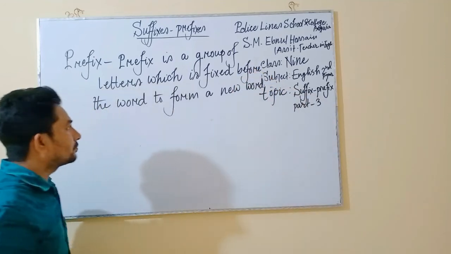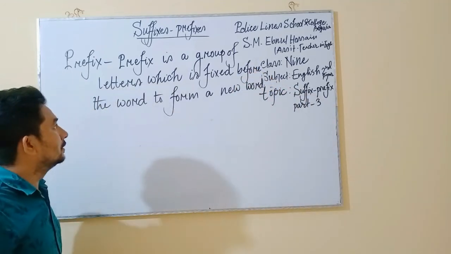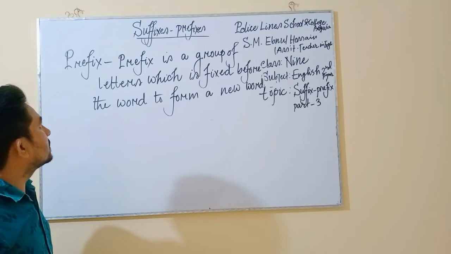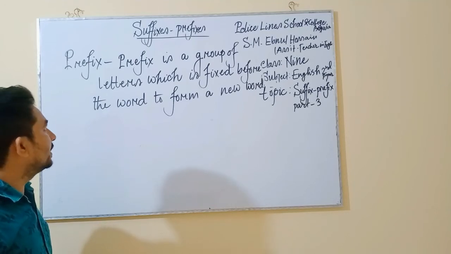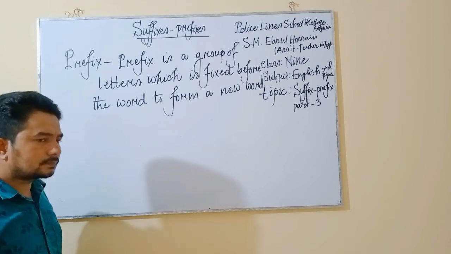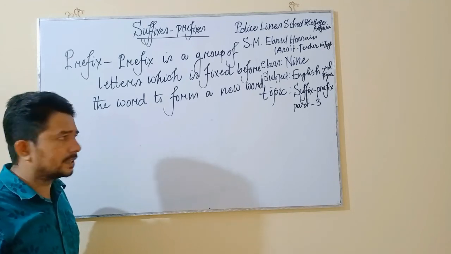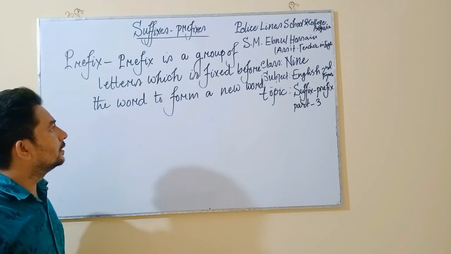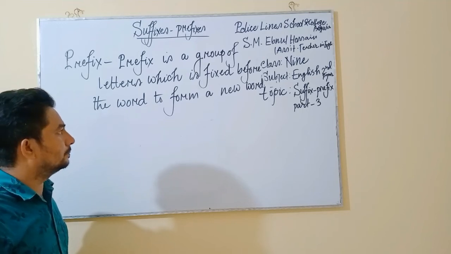So this is the definition: a prefix is a group of letters which is fixed before the word, that means before the root word or before the given word, to form a new word.